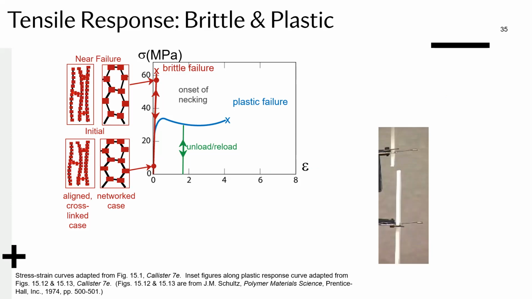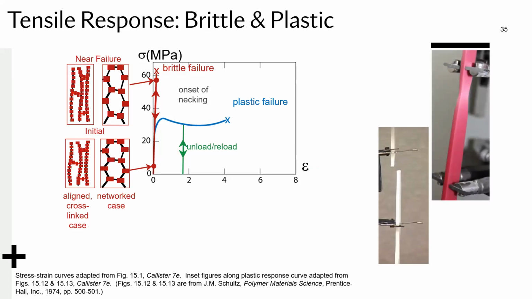Now, what happens in the plastic case is a bit interesting, because this is something that you also see in metals. It's not that different. In plastic polymers, what you have is similar to the necking behavior. The region that you can see in this image has become kind of whitish. You stretched it quite a lot, like when you stretch chewing gum, and you can see the color change.